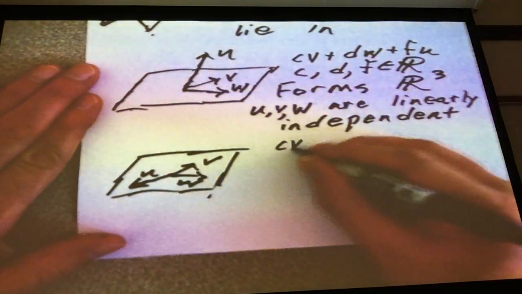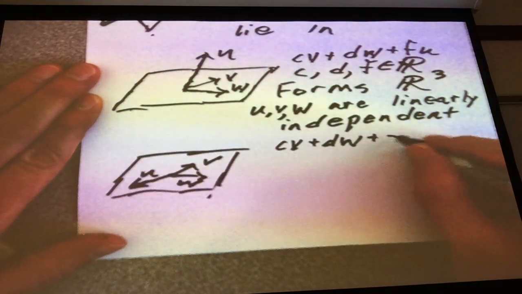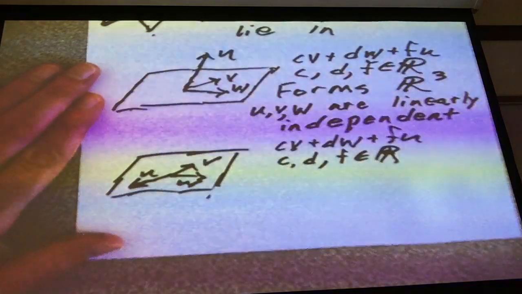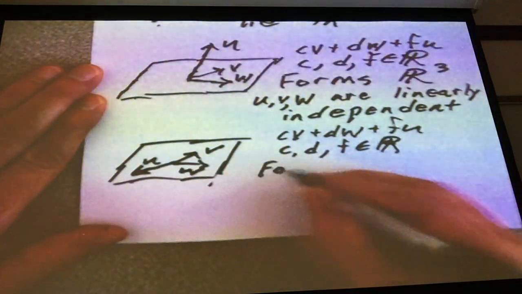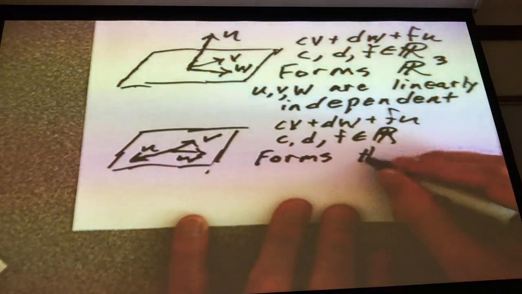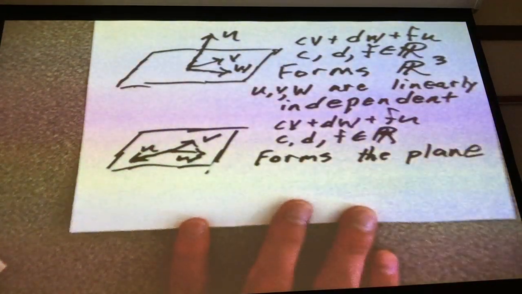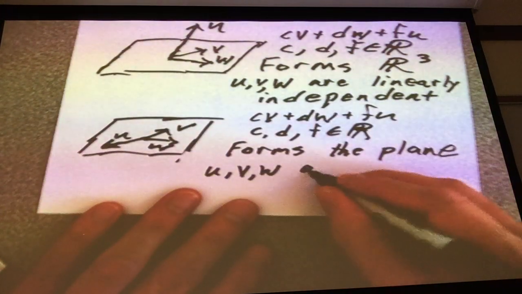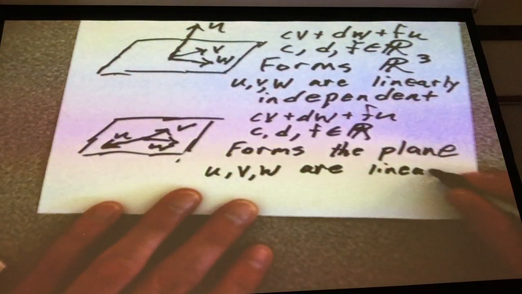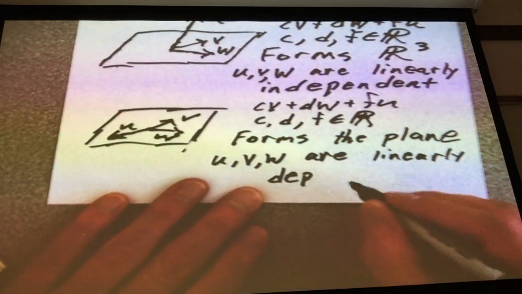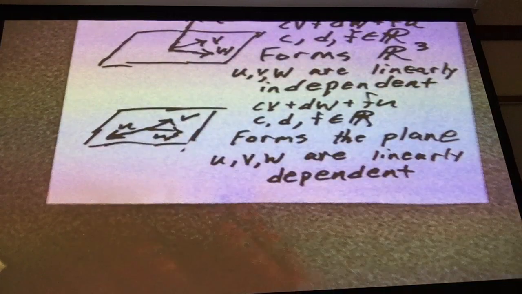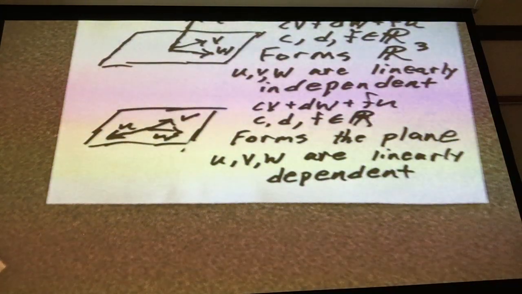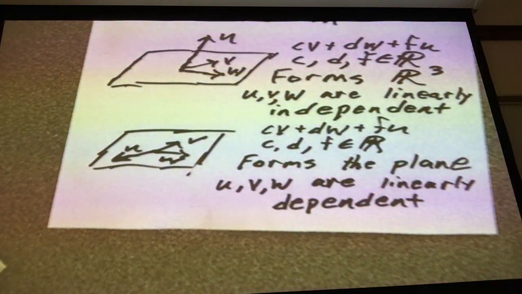So now, okay. Okay. So this is the difference between dependent and independent when it comes to R3.